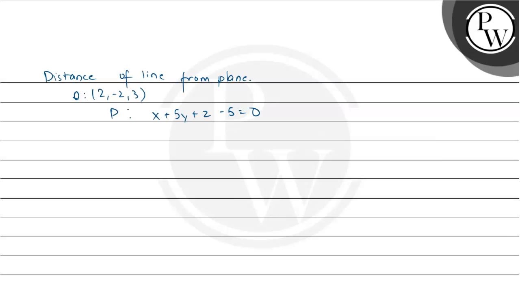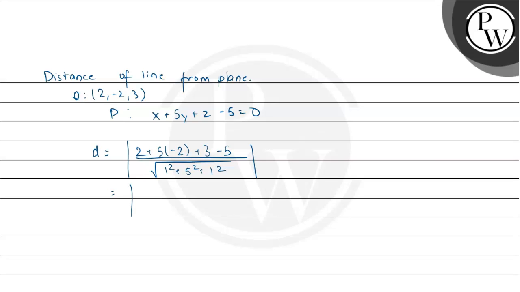So this is the equation of the plane, and hence the distance d would be modulus of 2 plus 5 times minus 2 plus 3 minus 5 upon under root of 1 square plus 5 square plus 1 square, whole modulus.